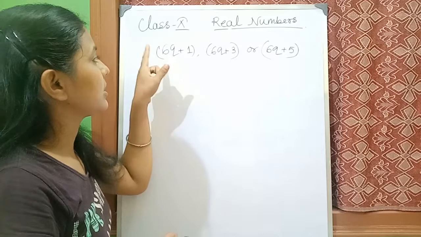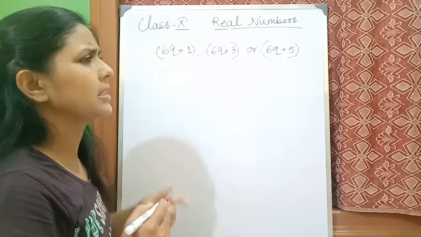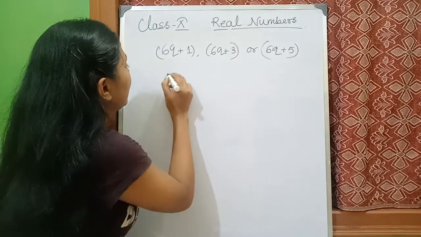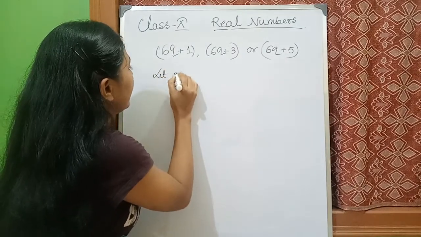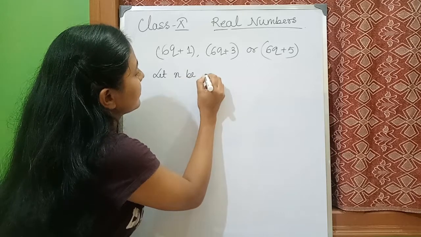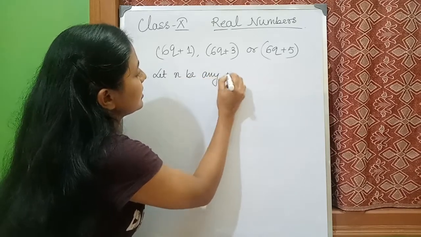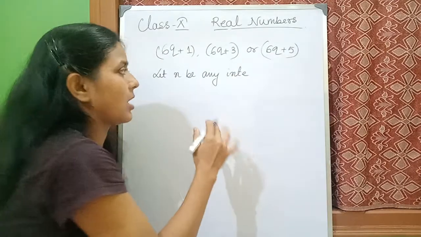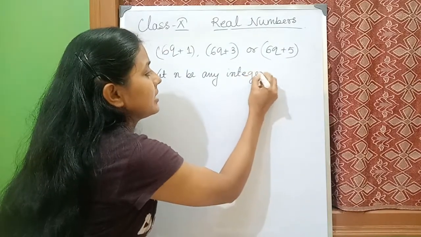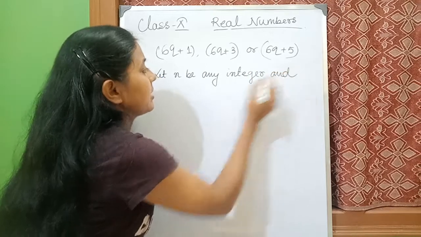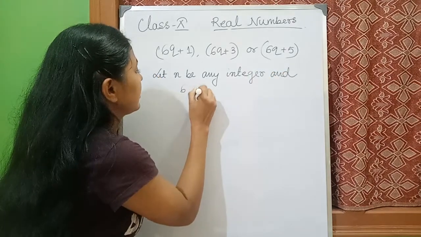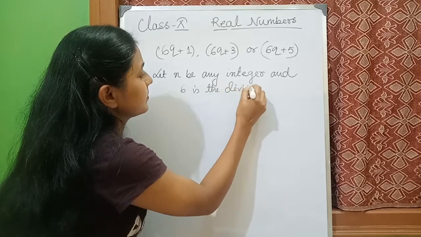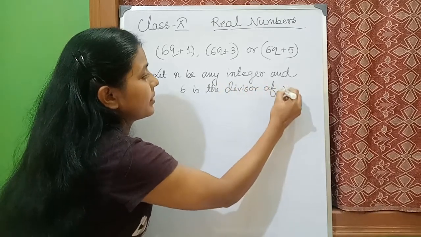6q, so we will take the divisor as 6. Let n be any integer. I am not mentioning odd or even now. Any integer, and 6 is the divisor of n.